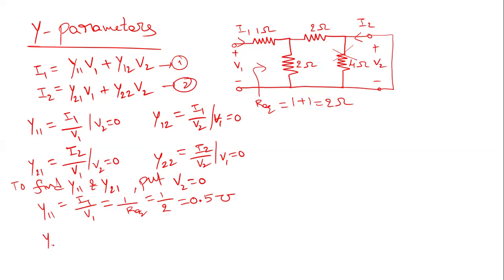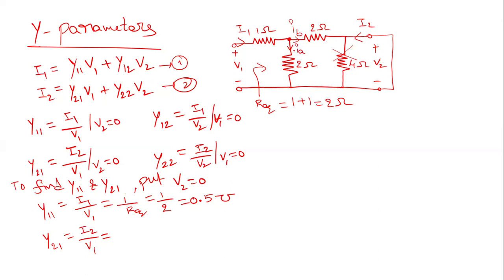Similarly, Y21 is the ratio of I2 by V1, with V2 equal to 0, which we already substituted. What is the current I2 if you express it in terms of V1? I1 is entering at this node, so name the branch currents IB and IA.